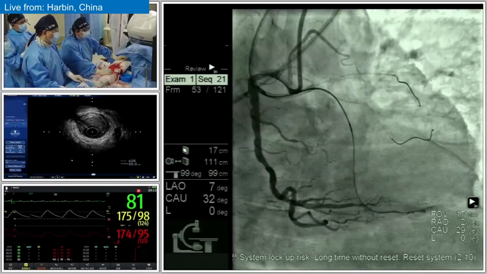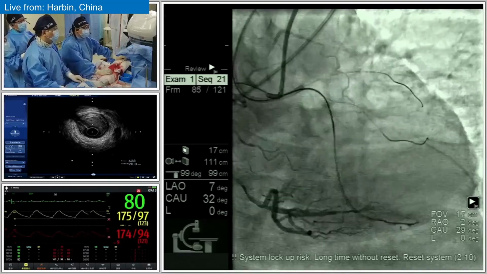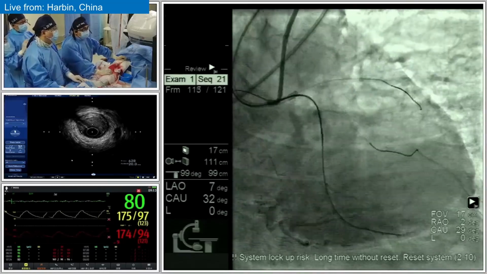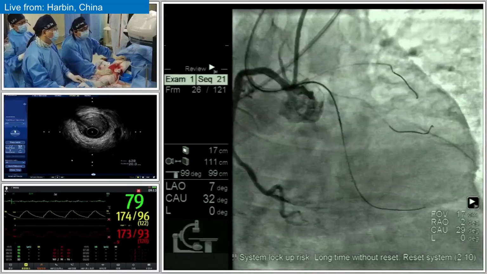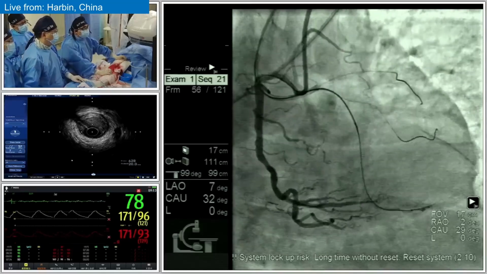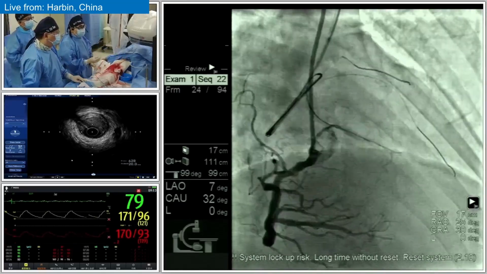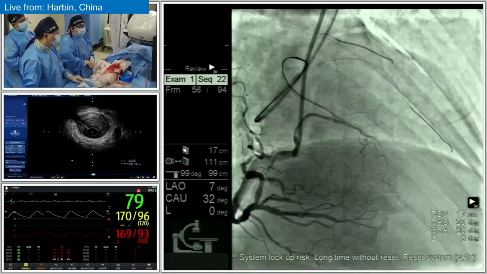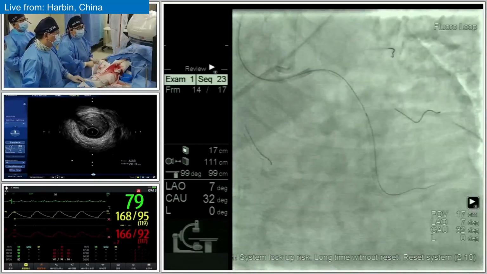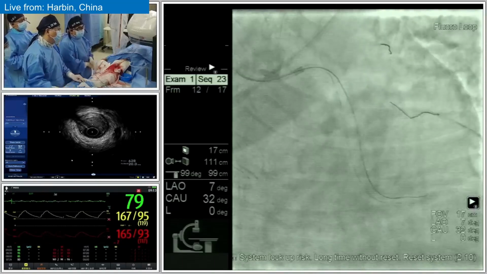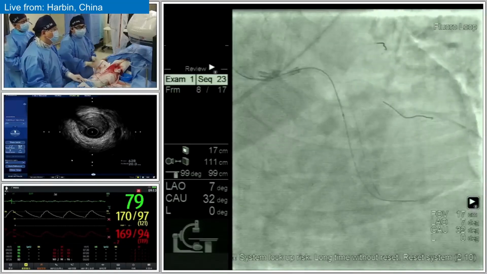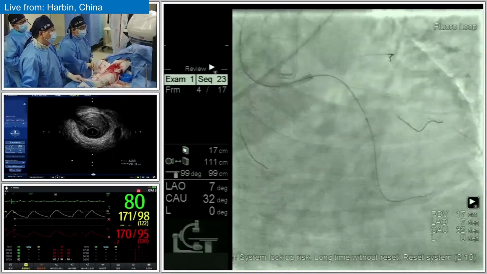And then after the use of Corsair, I think the wire was easily delivered to the distal part of the circumflex. The distal wire location is very important. This should be confirmed by collateral injection or collateral angiography.